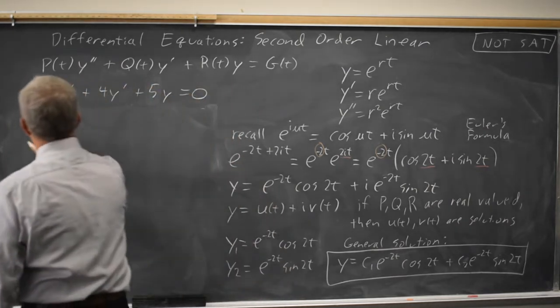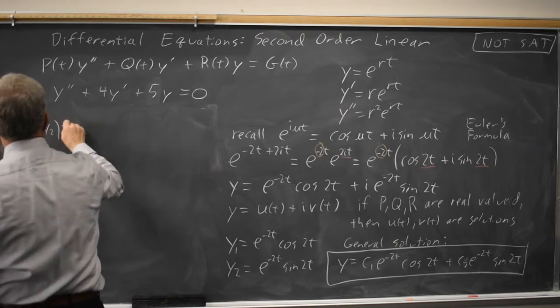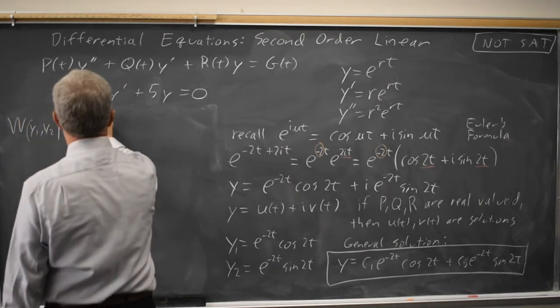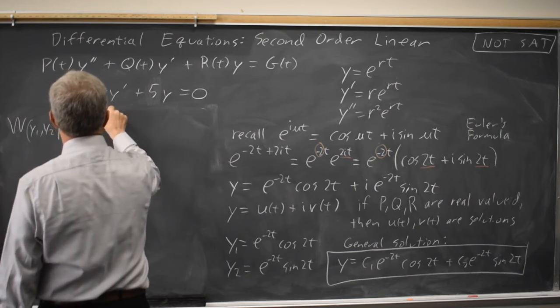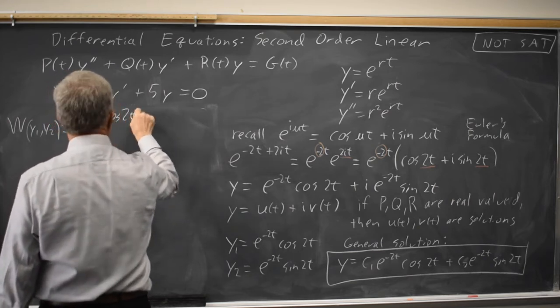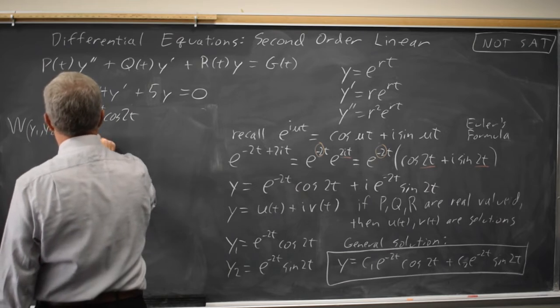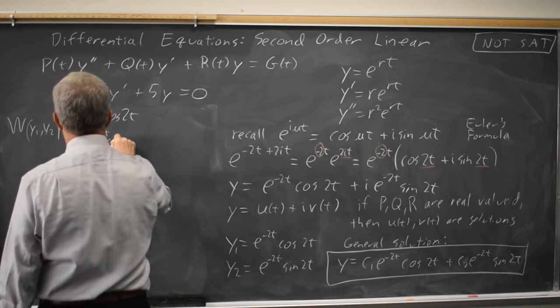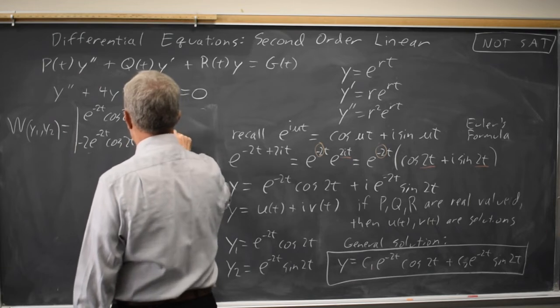The Wronskian of y1, y2 equals the determinant e to the negative 2t cosine 2t, and this is going to be ugly, negative 2 e to the negative 2t cosine minus 2 e to the negative 2t sine.